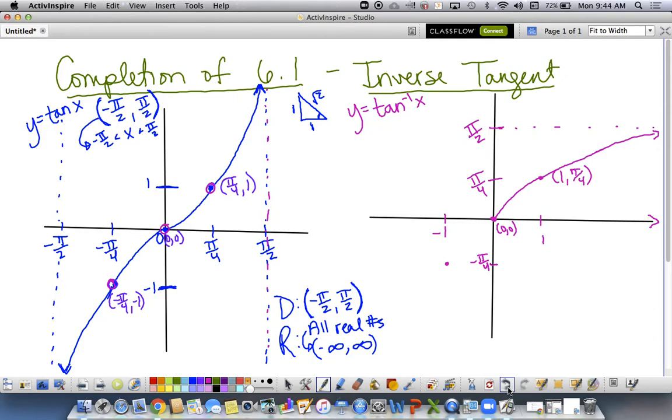Well, let's go left. Now, I didn't draw this asymptote. It will continue. The asymptote's the whole thing. We don't really see the dotted line, but it definitely goes all the way across at pi over 2. And then this point over here, this negative pi over 2, infinity would become infinity and negative pi over 2. Okay? So as we approach negative infinity, we're going to be approaching this negative pi over 2.